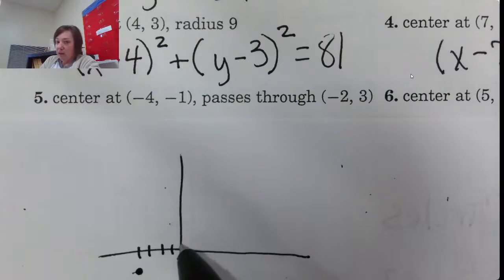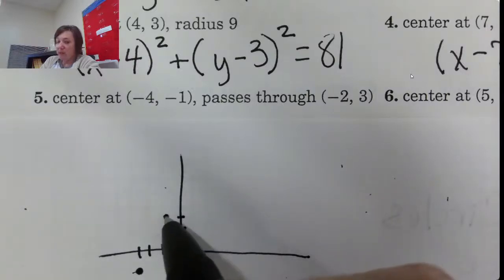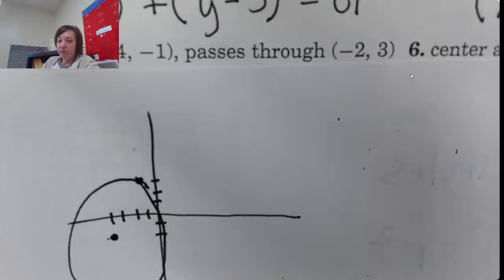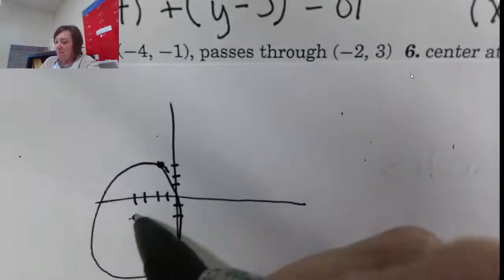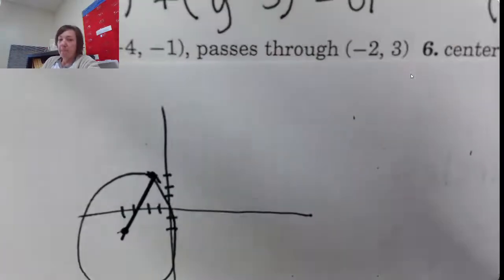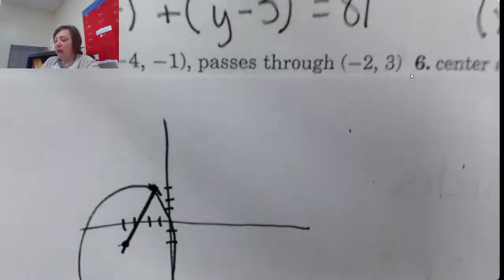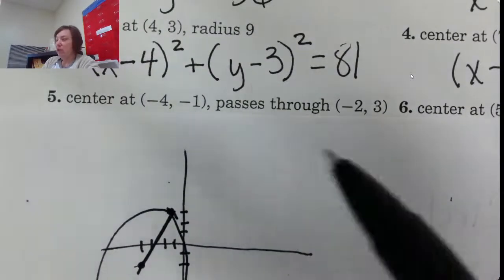And then it passes through -2, 3. So it passes through that point right there. So that means this is roughly what my circle looks like, right? What is this? That's my radius. How could I find my radius based on the information that I have?